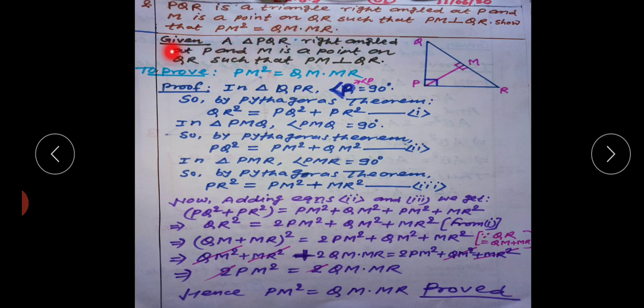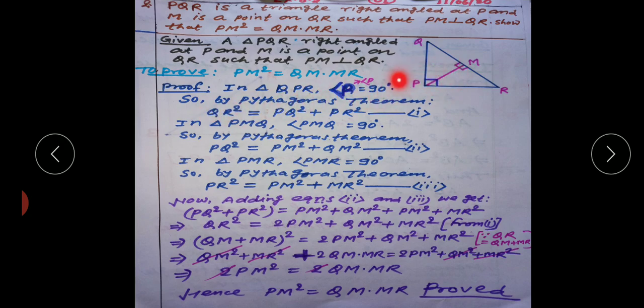Okay. So let us write first what is given. A triangle PQR is given which is a right angle triangle at P, and M is a point on QR such that PM is perpendicular to QR. We have to prove that PM square is equal to QM into MR. Now in proof, as we see in the figure, in triangle QPR, angle P is equal to 90 degrees.